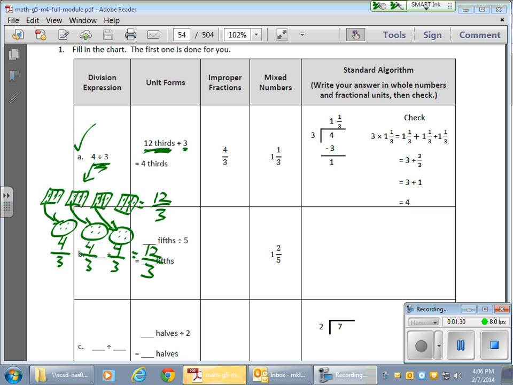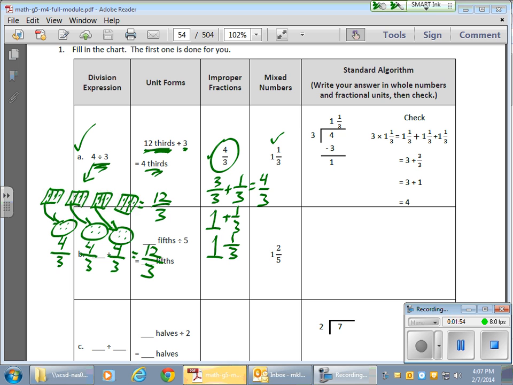I divide that by 3, I get 4 thirds. That's a fraction, which gives me 1 and 1/3. If I had 4 thirds, that means I have 3 thirds plus another third. Since 3 thirds is 1 whole, plus my 1/3, that gives me 1 and 1/3. So that's where that comes from.